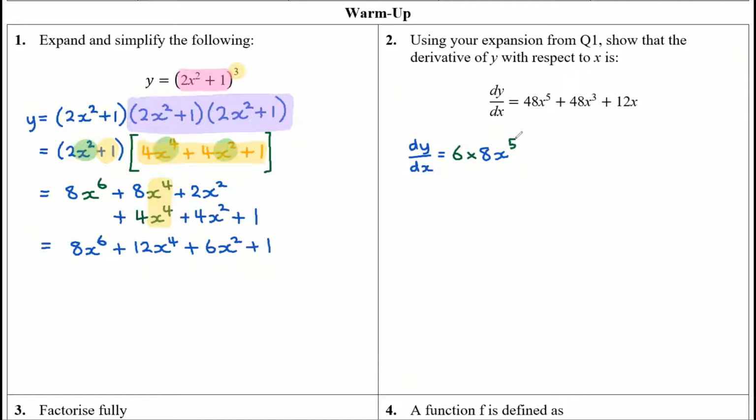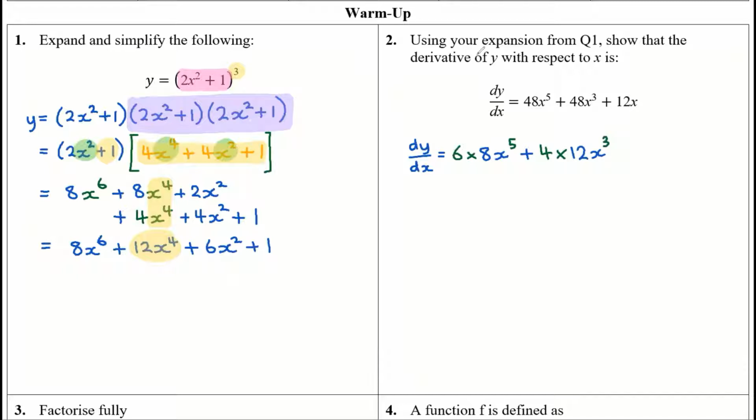Okay, second term, I have to bring down the 4. So if you're not sure where I'm looking, I'm looking at this term now. So bring down the 4. That multiplies the 12, and then we have to take 1 off the power of x, so that's going to be 3.